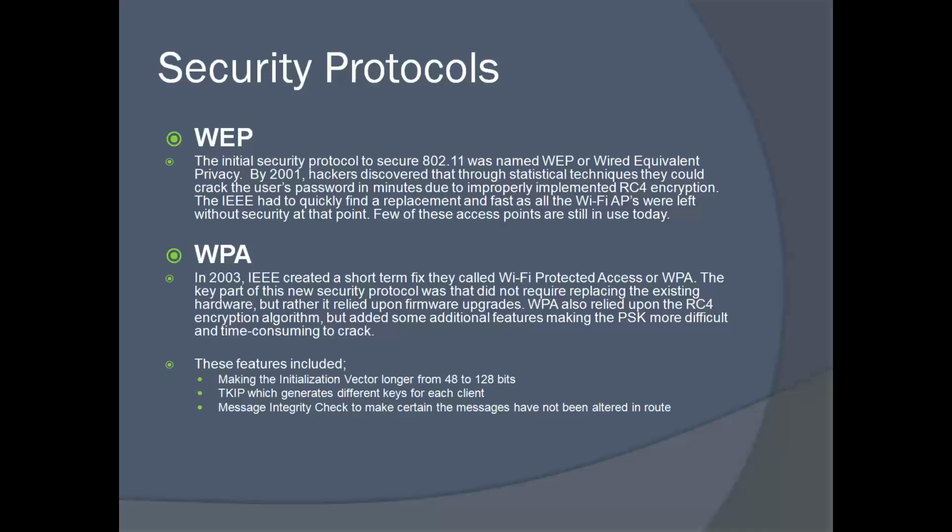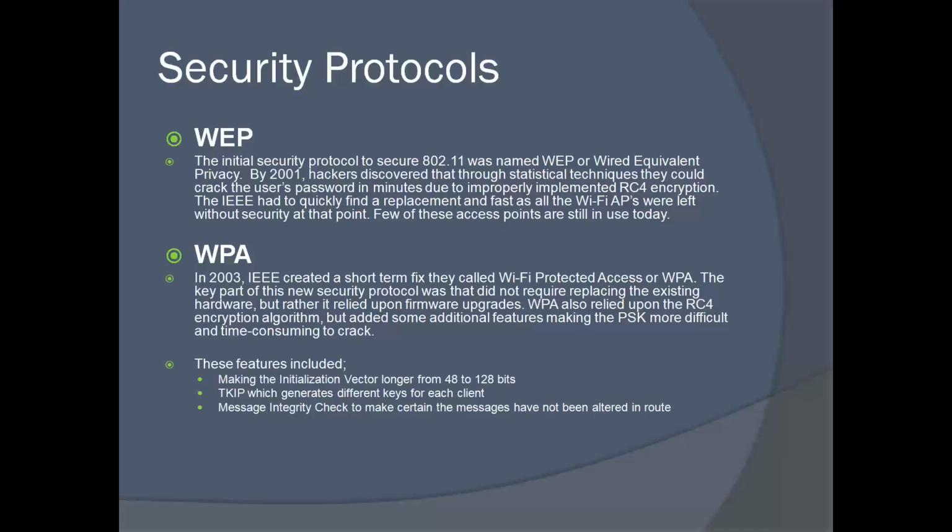They've already invested $100 or $50 into a Wi-Fi access point. If they created a new protocol that required everybody to replace their access points, it wasn't going to happen. So they tried to come up with a solution that made these systems more secure without having to change the hardware.